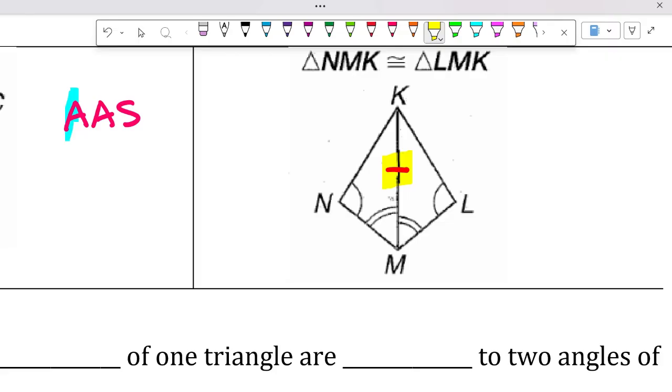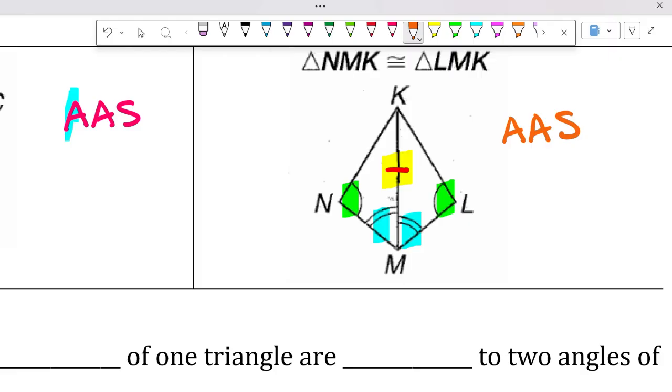So in other words, if I look at the two sets of congruent angles, is KM going to be the line that's the direct path between those angles? No. I can't go from the blue to the green directly using KM. I have to go around. So because of that, still angle, angle, side.